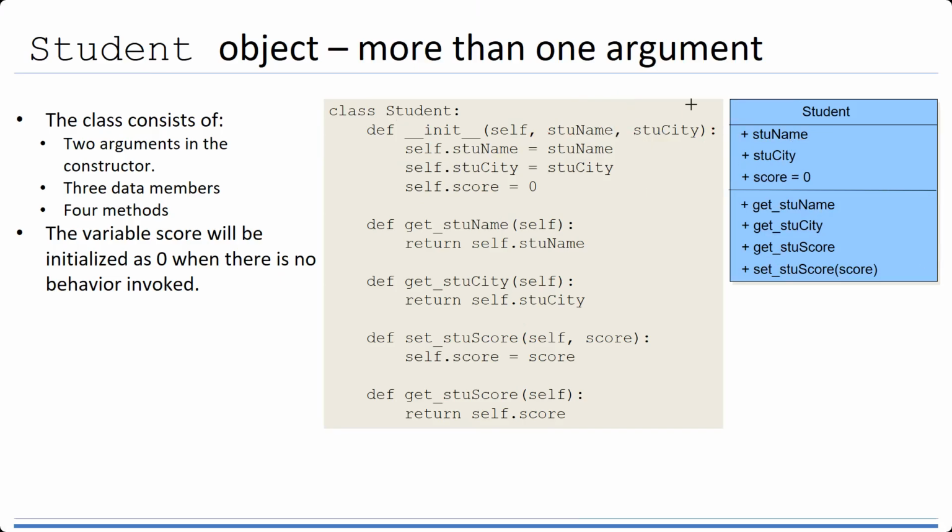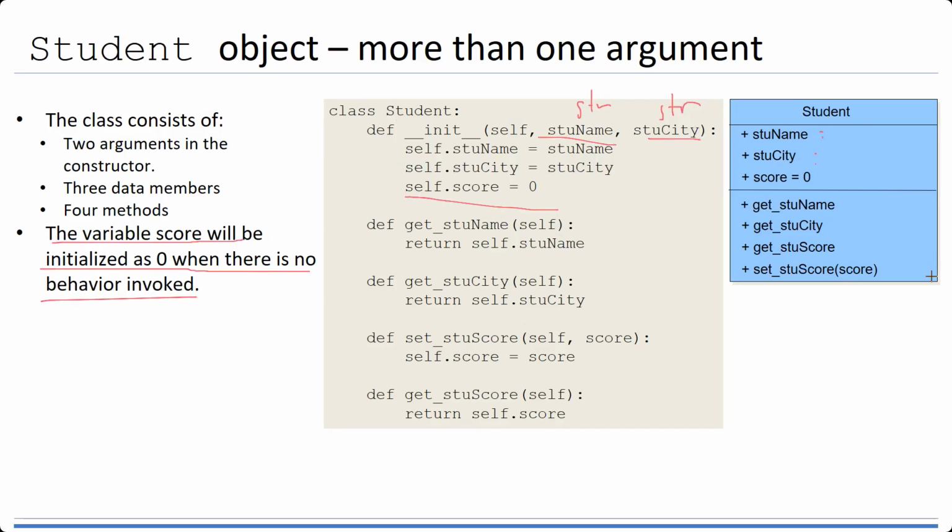Now, let me just make it simple. We don't need to specify the data type at this moment, but we know that name will be string and city also will be string. So let's assume that those two are strings. The variable score will be initialized as 0 when there is no behavior info.